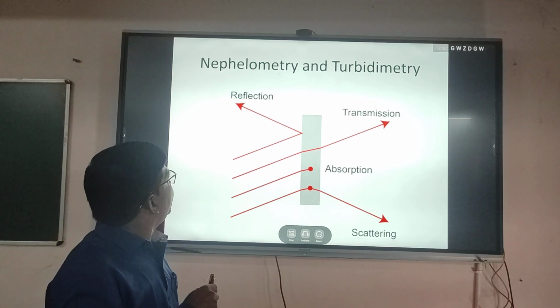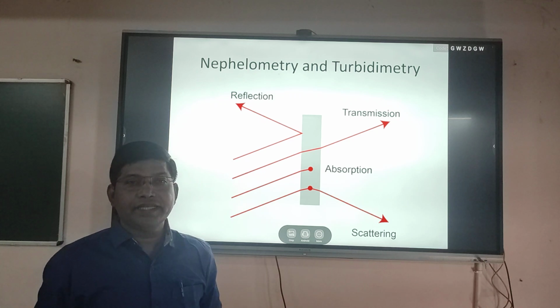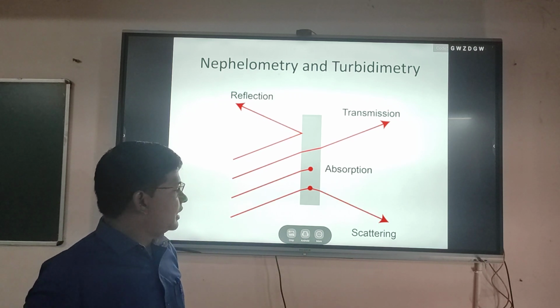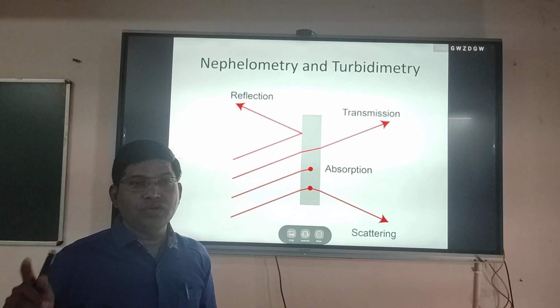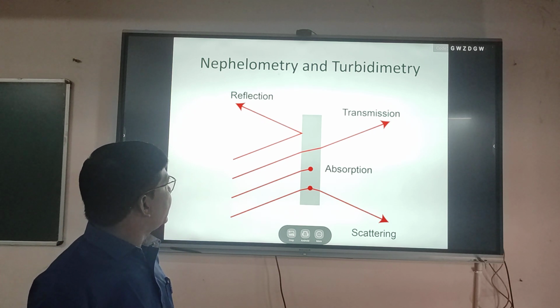So in nephelometry and turbidimetry we will measure the scattered radiation from the sample solution, and we should know the scattering of light from the solution at different angles.